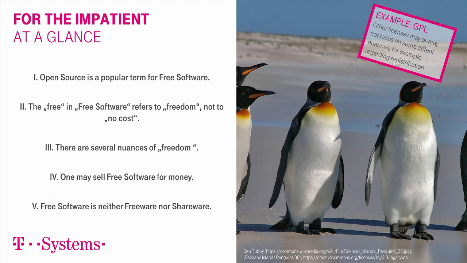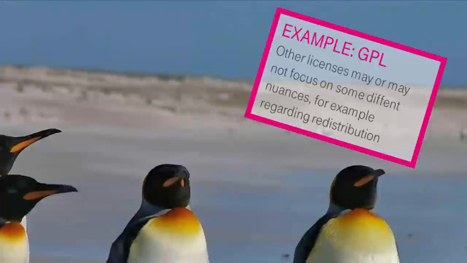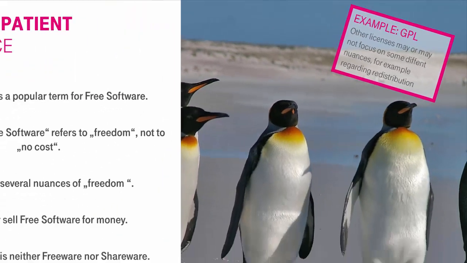Free software comes in several forms, and one example, maybe one of the most prominent examples, is the GPL, the General Public License. This is a legal text that explains what rights come with free software and what are the rights and obligations of the user of such software.